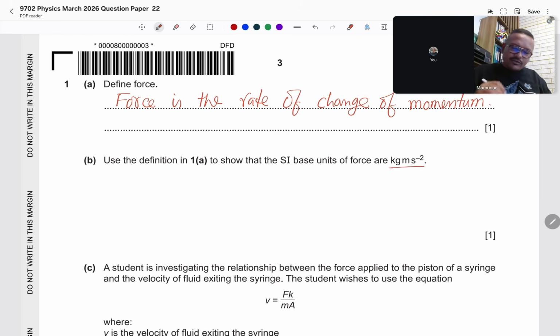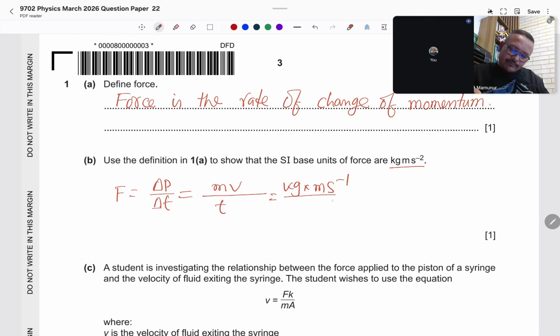So the definition is F equals delta P by delta T, where delta P means mv, mass into velocity, divided by time, equals kg into meter per second divided by second, equals kg meter per second square. Okay, it's done.